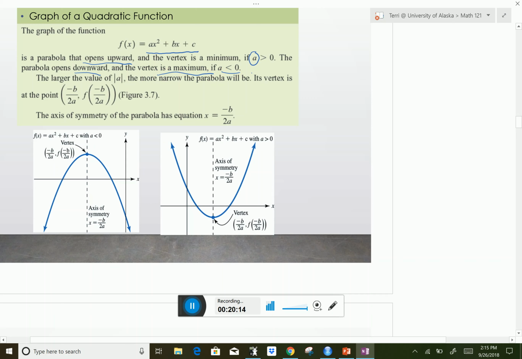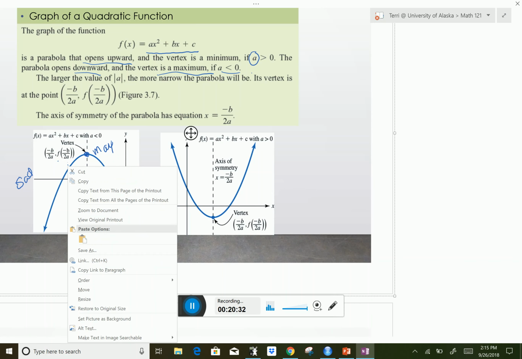So here we have a downward opening, a sad graph, so our vertex is a max. And we find our vertex at negative b over 2a, and the function evaluated at negative b over 2a.